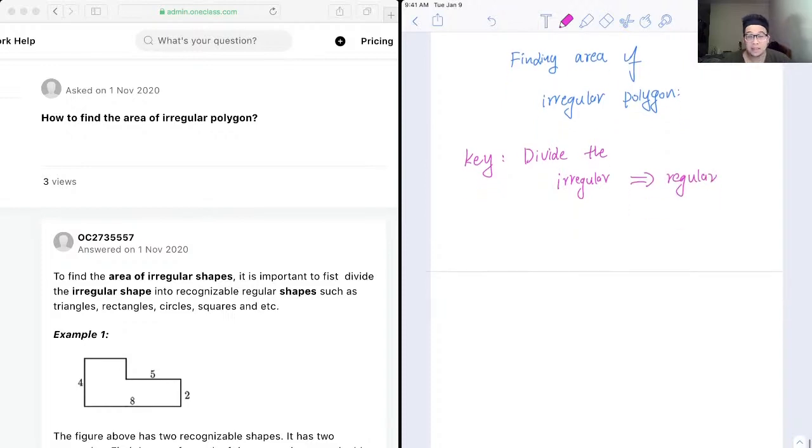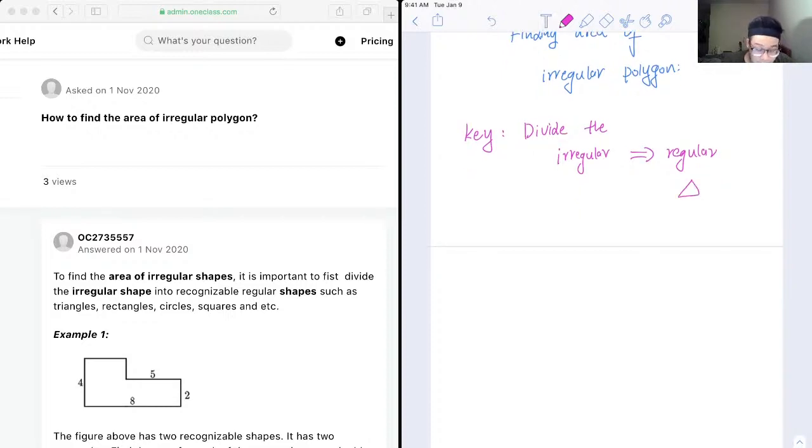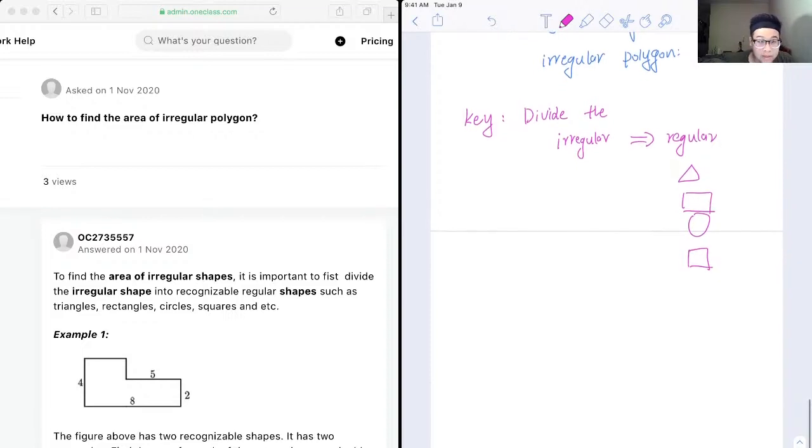And by saying regular shapes, we're talking about triangles, rectangles, circles, squares, etc. And let's try with this example.